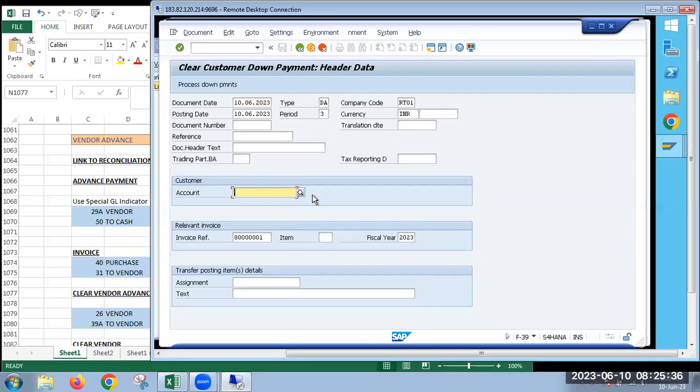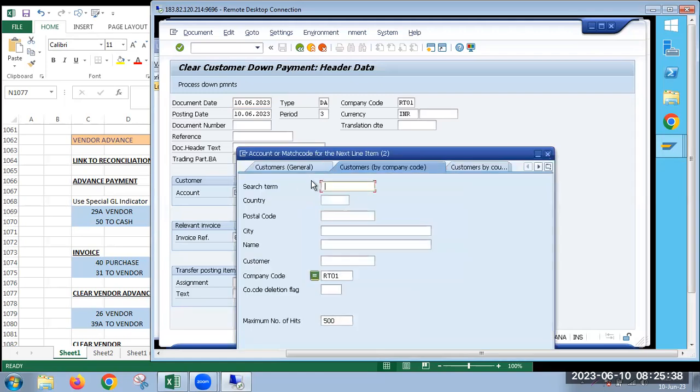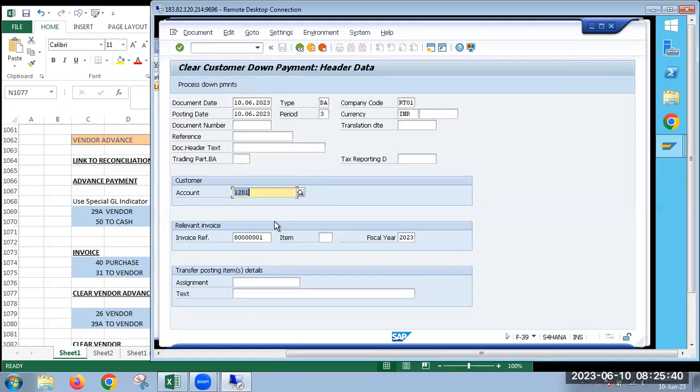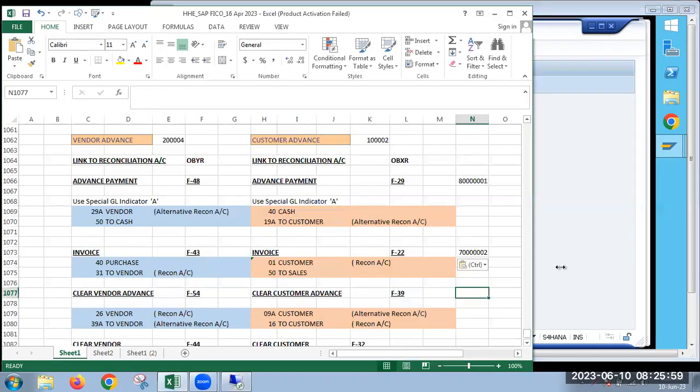Document type DA. What is SA? GL document. Then DA is a customer document, nothing else. So we will transfer the amount against this invoice number.